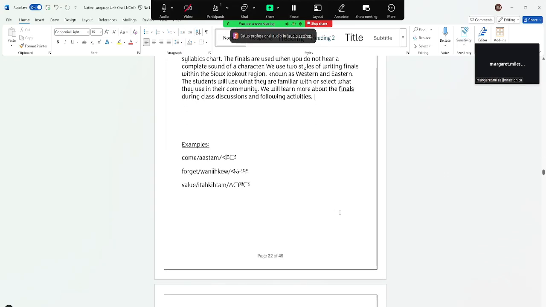Here's an example. If you look at this, it says Astam, the word written in Cree, Astam, and that is in the Roman writing, Astam. And if you look at the syllabics here, it says Astam written in syllabics.